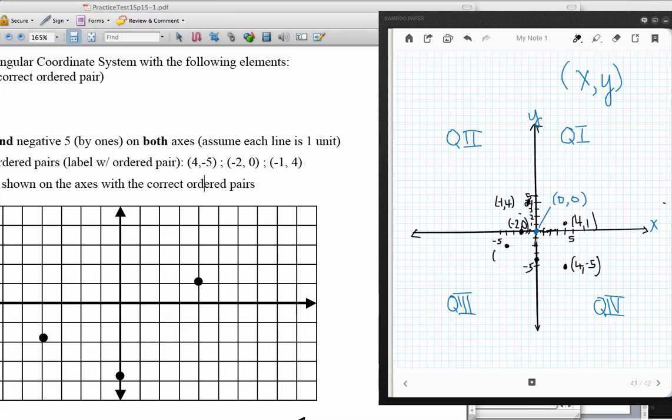So we'll label this one with -4, comma, -2. And then there's one right here on the x-axis, or not, the y-axis, and we'll see that that one is at x equals 0 and y equals -4.